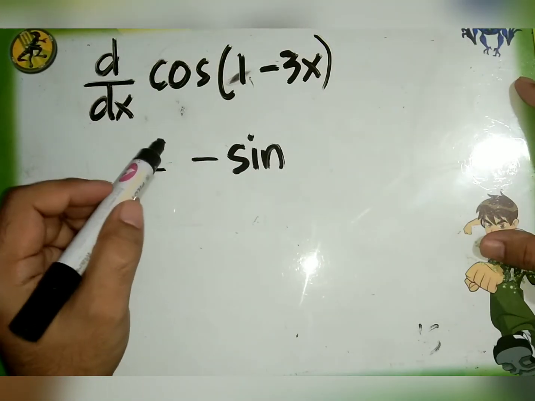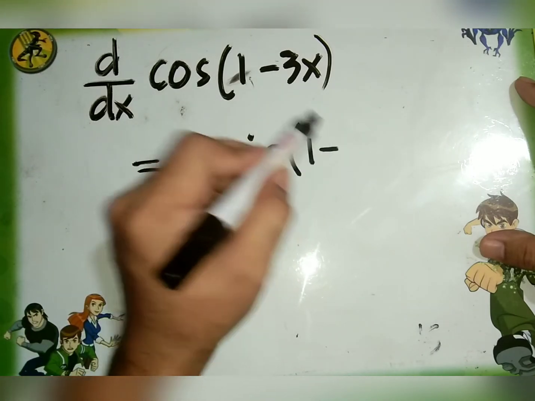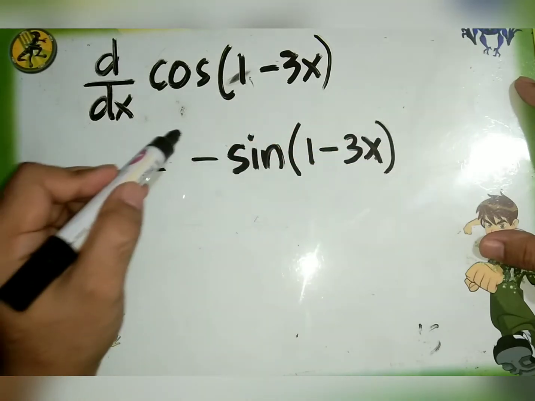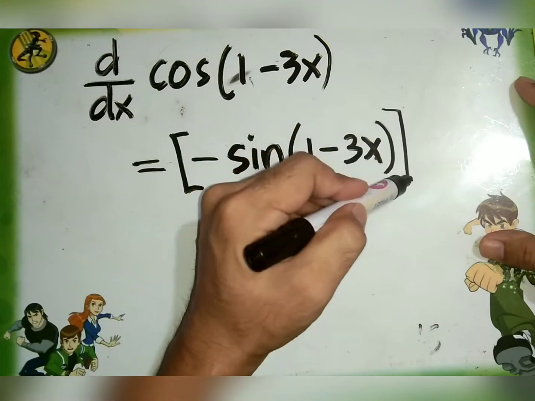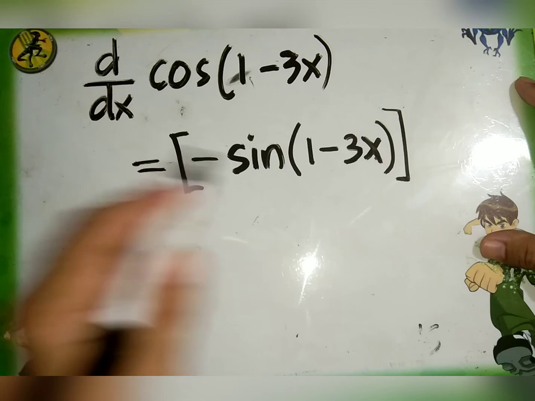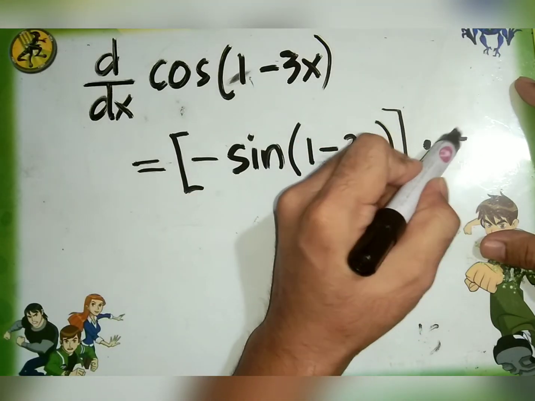Okay, negative sine of 1 minus 3x times, ano yung angle natin dyan? Yung 1 minus 3x. Ano yung derivative niyan? Negative 3. Okay? Negative 3.